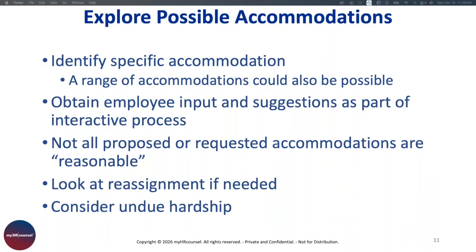You can assess whether the proposed accommodation may pose an undue hardship. We'll talk more about that in a minute. And you can choose to provide an accommodation beyond what the ADA requires. In other words, as an employer, you can choose to go above and beyond what the ADA requires, but you are not mandated to do so.